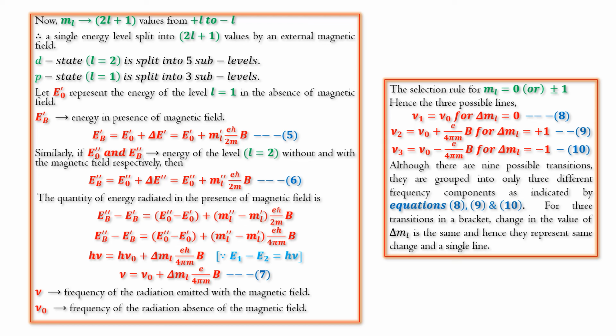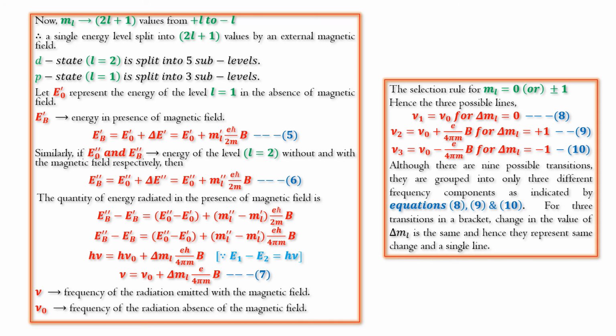Del ml equal to minus 1 gives frequency nu 3, equation number 10. So there are 9 possible transitions altogether grouped into only 3 different frequency components, indicated by these three equations 8, 9, 10.